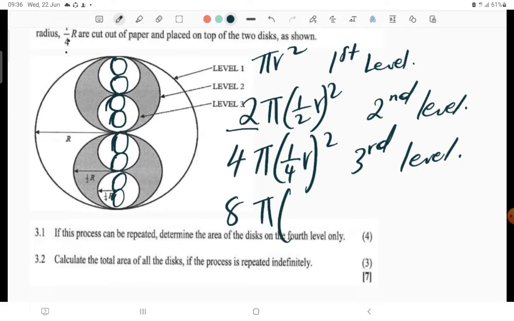Here you'll be having 1/8, because you can see that each and every term that we get, we multiply by half to get another. So it's going to be 1/8, then pi, then r squared. So we have that kind of situation. This is the fourth level.